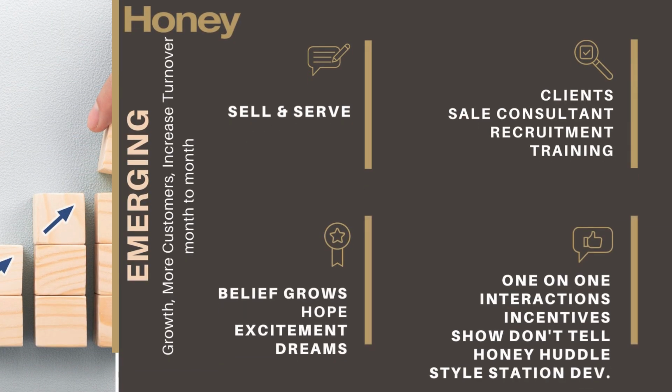When we move on, we have now got growth, we have got more customers, our turnover starts to increase month on month. And what you'll see here is I don't really tell you that the emerging stage is when you hit 30,000 Rand turnover a month. You are going to place these descriptions and recognize where you are.